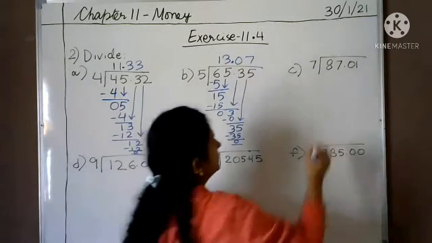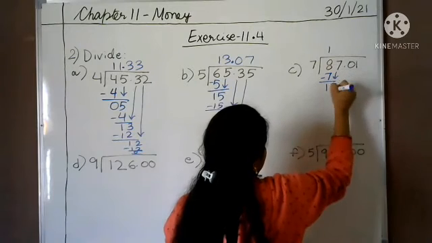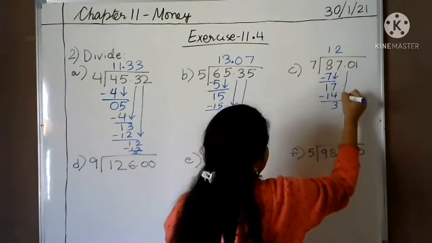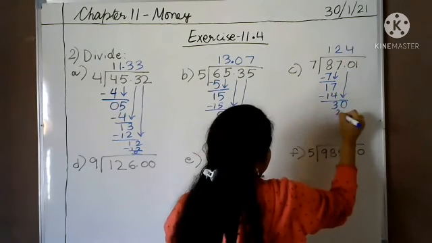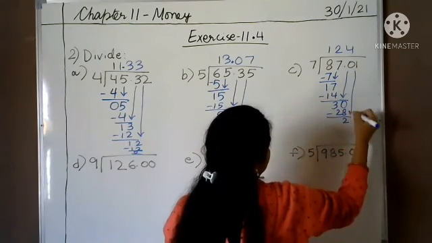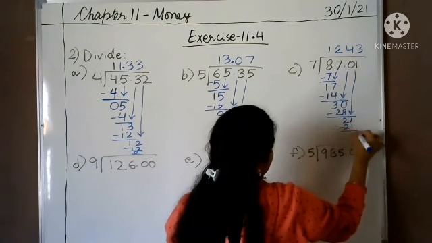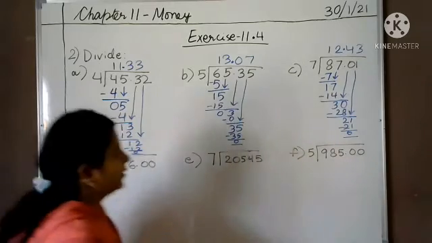Now this C1, 7 ones are 7, 7 twos are 14, 7 fours are 28, 7 threes are 21. So the answer is 12 rupees 43 paise.